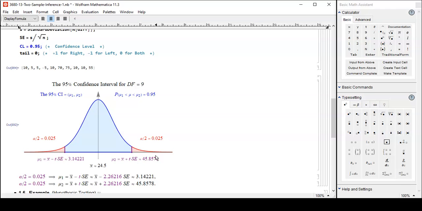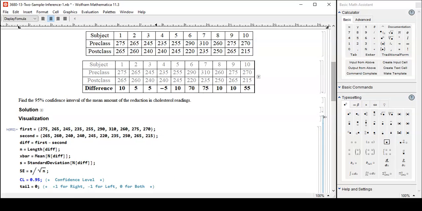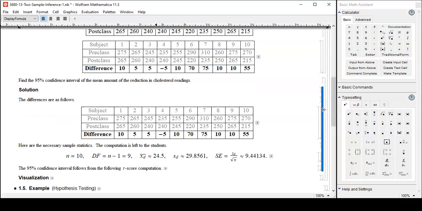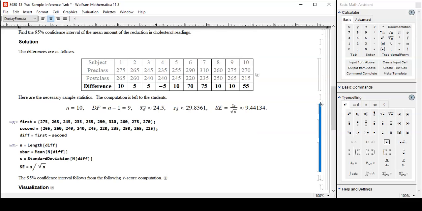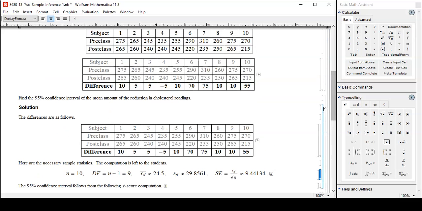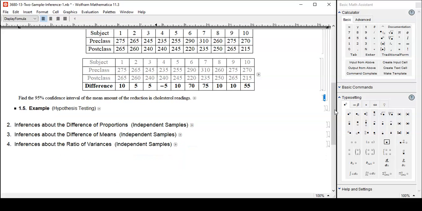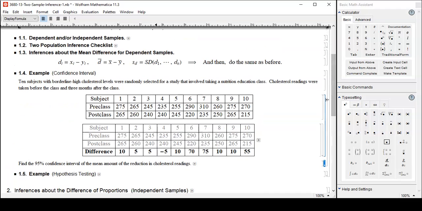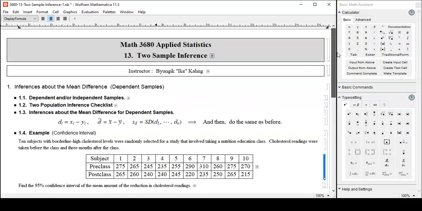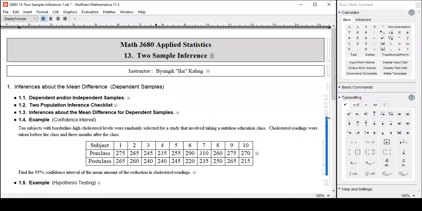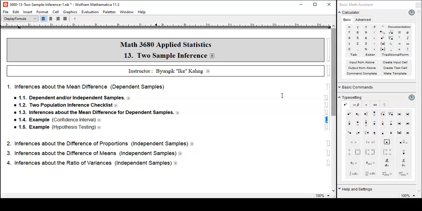Look at the t-curve with the degree of freedom of n-1, so it's 9, and so on and so forth. Everybody can do one sample inference. Here's a solution, by the way. So that's how you do it. If we have two completely dependent data, we can simply pair them up and take the difference, and we just have a one sample inference.